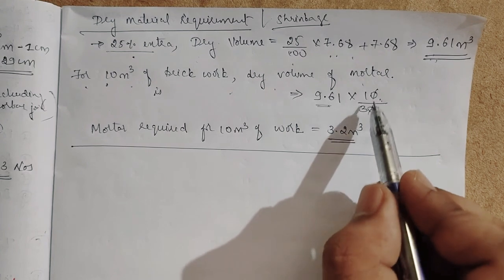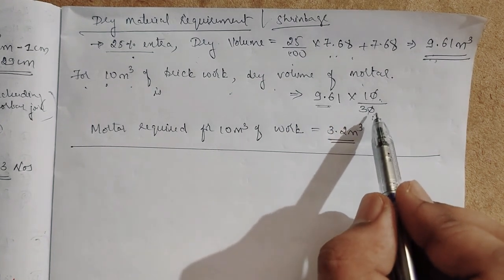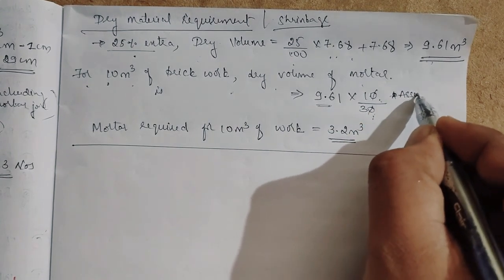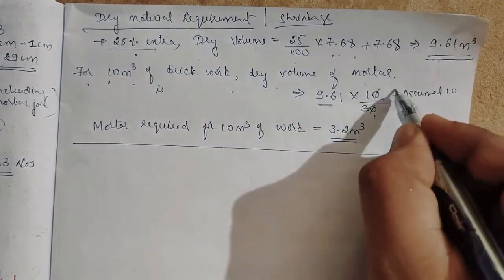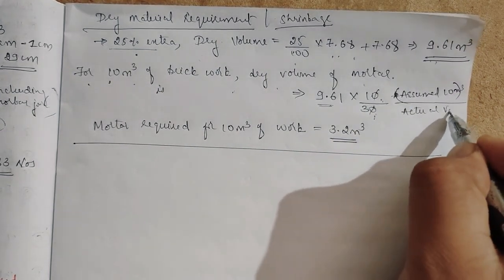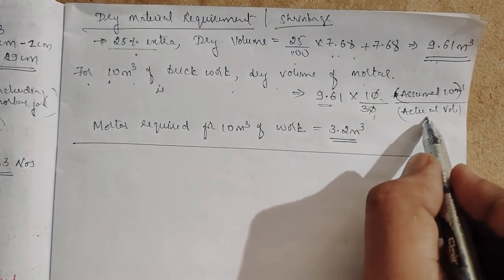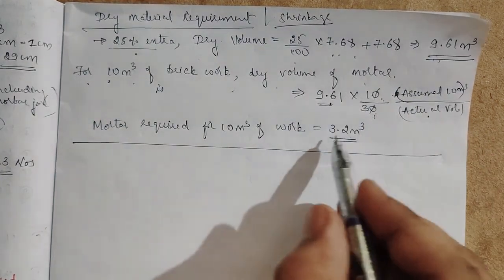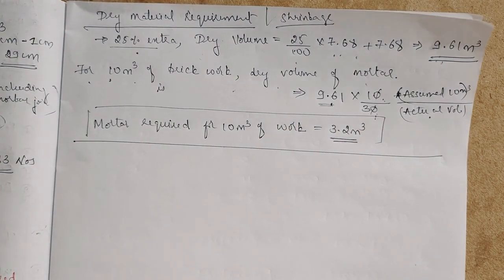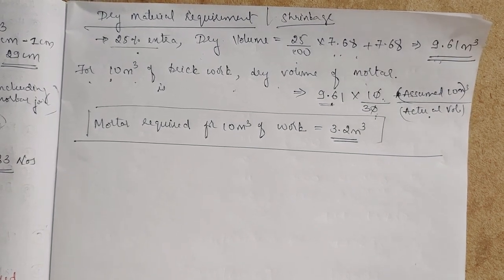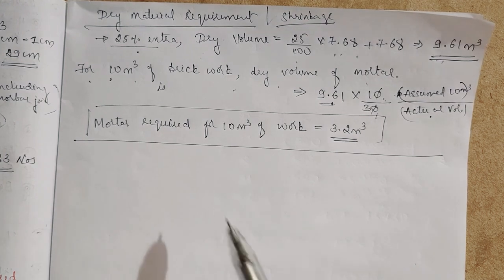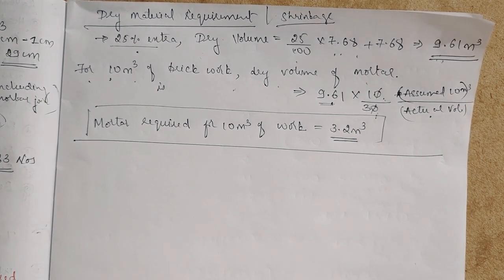So when we multiply and divide by 10 by 30, this 10 meter cube is assumed, this is the actual volume. When I multiply this with 9.61, I'll get the mortar required for 10 meter cube of work, that is 3.2 meter cube. So mortar required will be 3.2 meter cube. So that's it. Thank you.